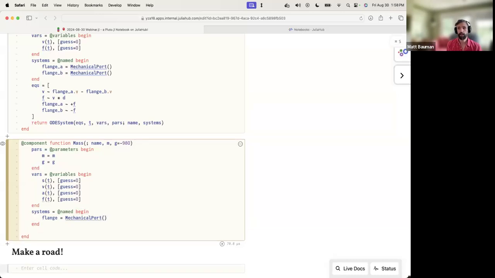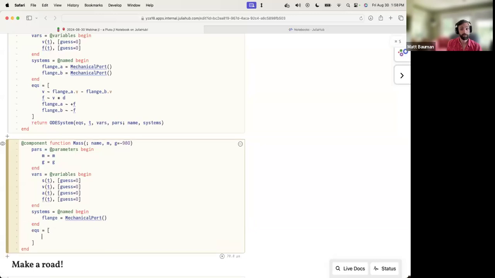And now what are our equations for our mass? This is just F equals ma, right? So you can do exactly that. So m times a is proportional to the force, but let's also add in here our gravity term because we're going to be looking just in the vertical direction of a bouncing car.